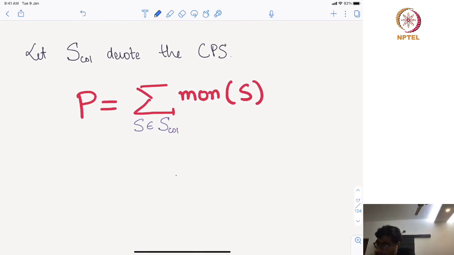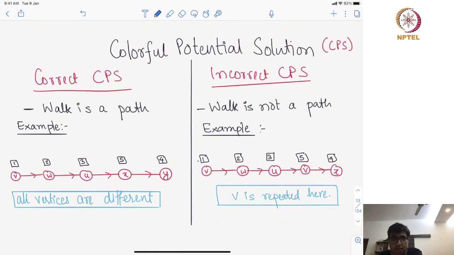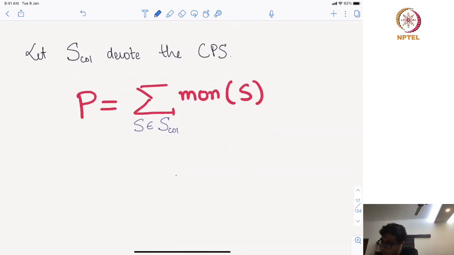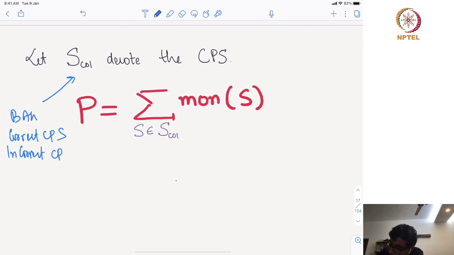So what are we going to do now? Our polynomial, as I told you before, is going to be defined as follows. Let S call denote all colorful potential solutions, including incorrect as well as correct ones. And what is my polynomial? It is very simple.